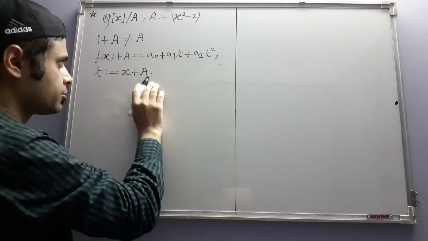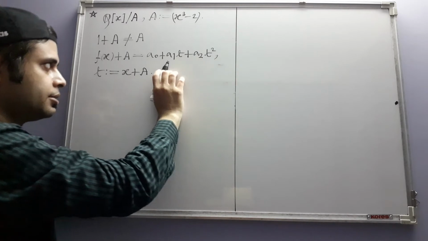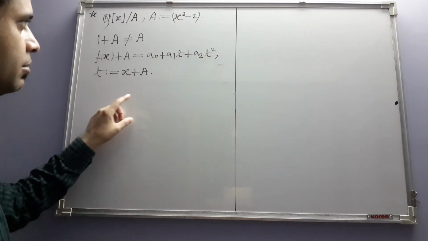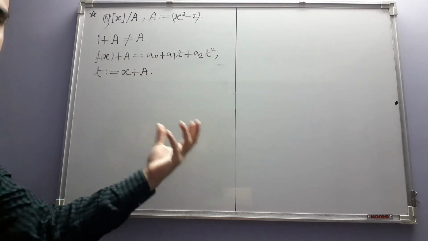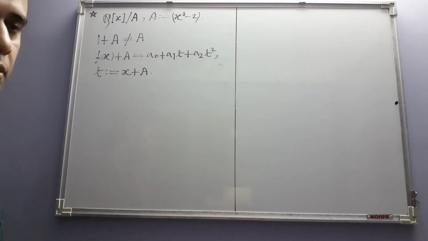t is a coset of A, fine. a1 is a rational number. So can we multiply t by a1 to form a1t? And if so, what is the definition of this multiplication?